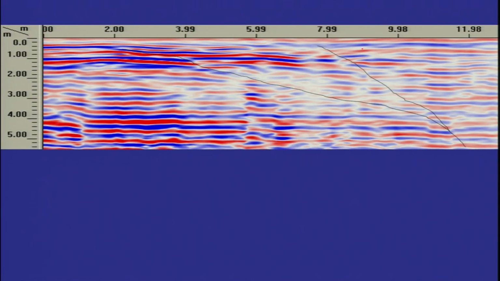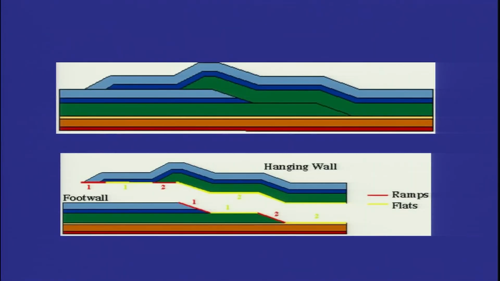You can clearly see the deformation on the hanging wall side. This was the interpretation of another profile which we took, very similar to what we found in the trench.